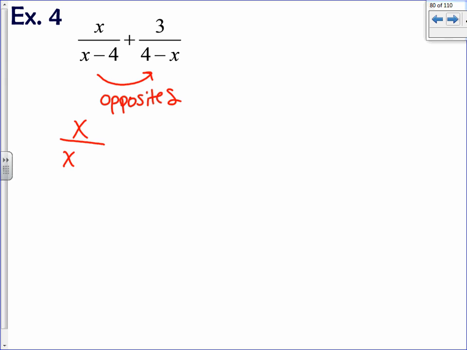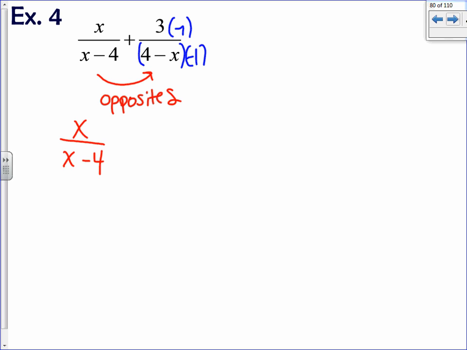One way, probably the easiest way in my mind to handle it, is I would probably just take the fraction that looks weird, like x minus 4 looks more aesthetically pleasing to me than 4 minus x, just because of doing years and years and years of algebra. I would probably take this second fraction and multiply top and bottom by -1.